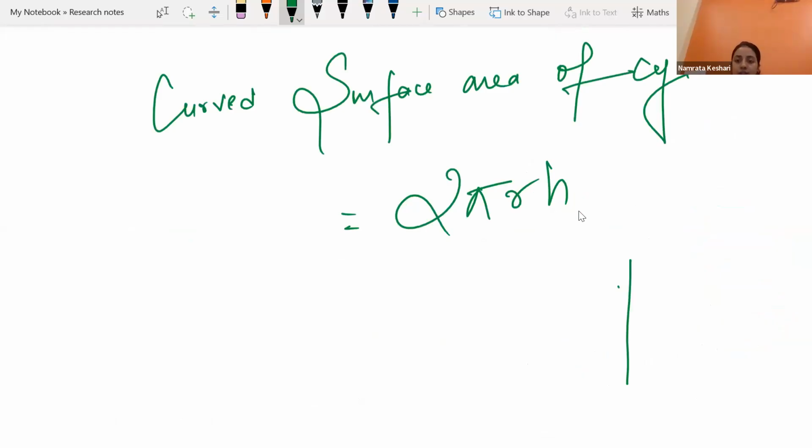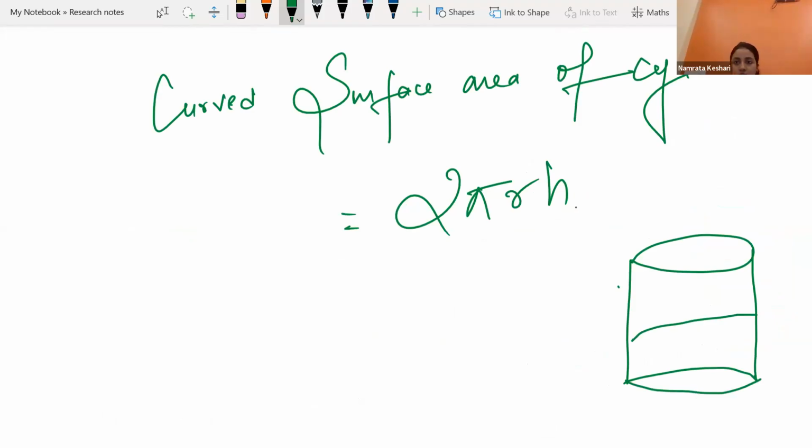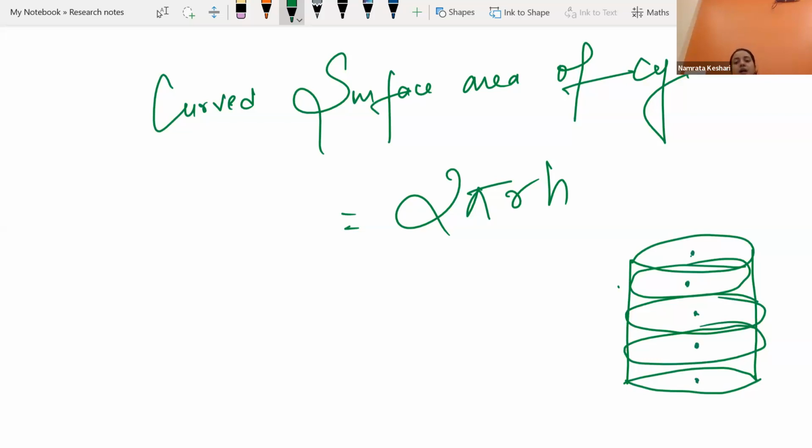Whenever I am drawing a cylinder like this, here this circle, these are all exactly the same circle, having the radius r. So in the middle one, if radius is r, then the cylinder is having the radius r. Getting it? Yes, ma'am.